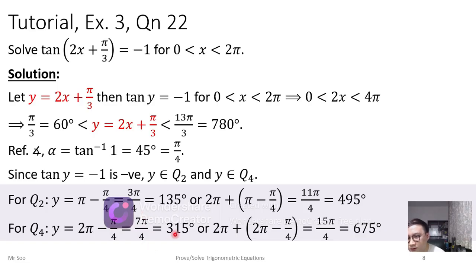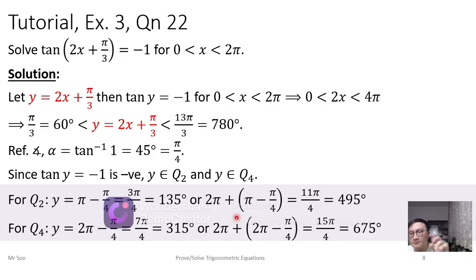Am I right? Then you notice why I add another 2 pi, correct? Both for quadrant 2 and quadrant 4. The one in bracket, pi minus pi over 4, is essentially this part, and 2 pi minus pi over 4 is essentially this part. Why do I need to add an additional 2 pi? Basically, one extra revolution.